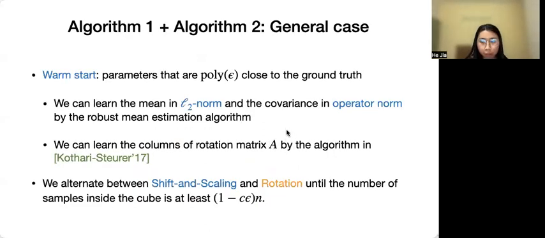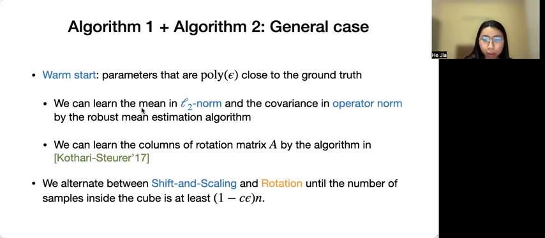Now, after we have the algorithms for both shift and scaling and rotation, how can we learn an affine transformation in general? First we get a warm start. We have parameters that are polynomially epsilon close to the ground truth. We can get this by the algorithms I mentioned at the beginning.